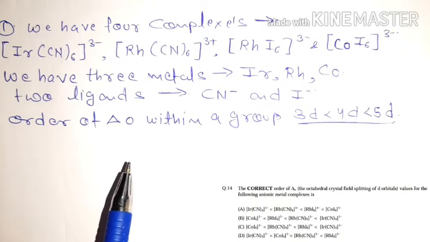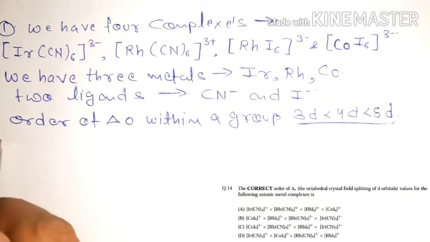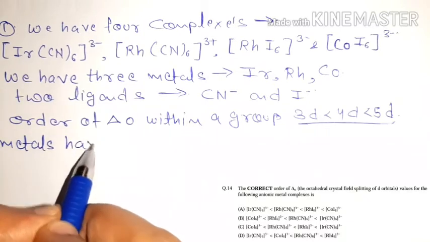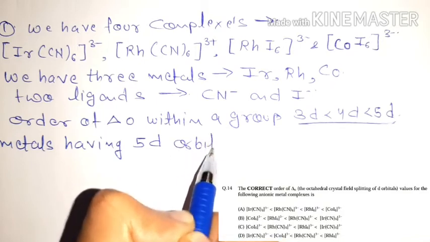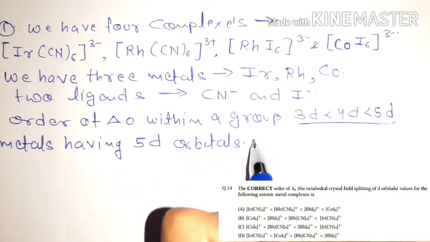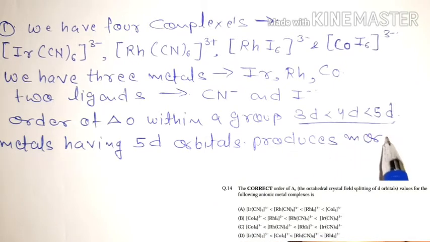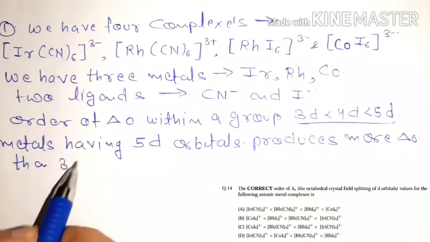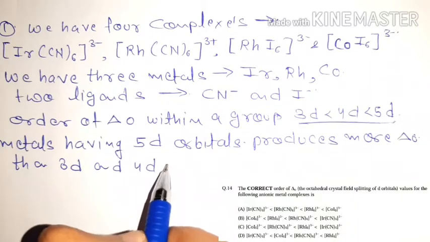So it means a metal having 5d orbitals produces more CFSE, more delta O, than 3d and 4d metals. Understand?